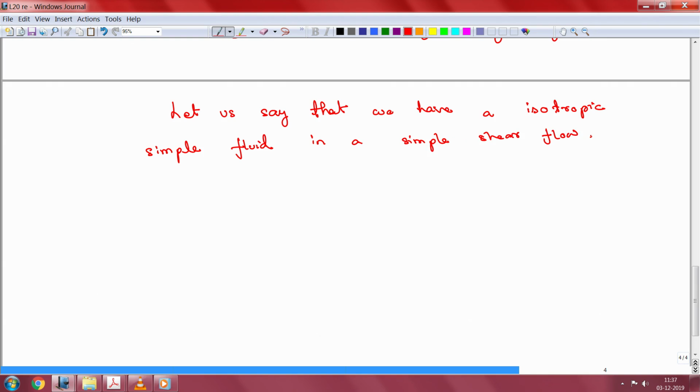We know the form of the velocity field, right, but the question is what is going to be the form of the stress tensor, right.